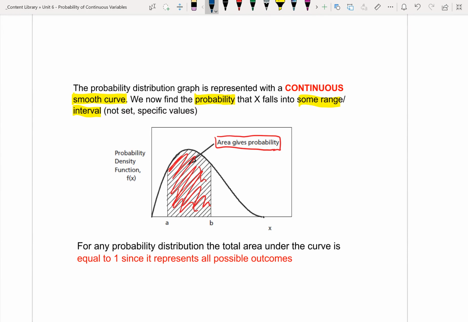For any probability distribution that we look at, the total area under the curve is always equal to 1, since it represents all outcomes. If the line represents all possible outcomes and the area underneath the curve represents the probability, we know that the total probability is 100% or 1.